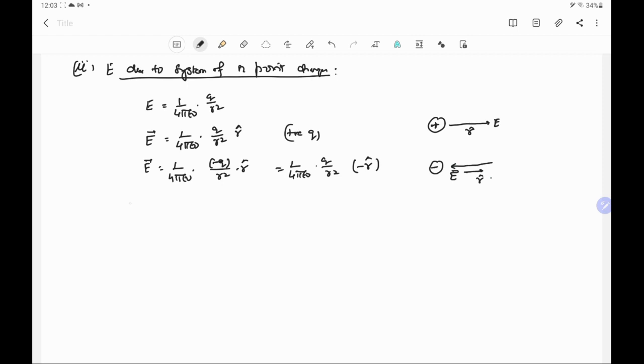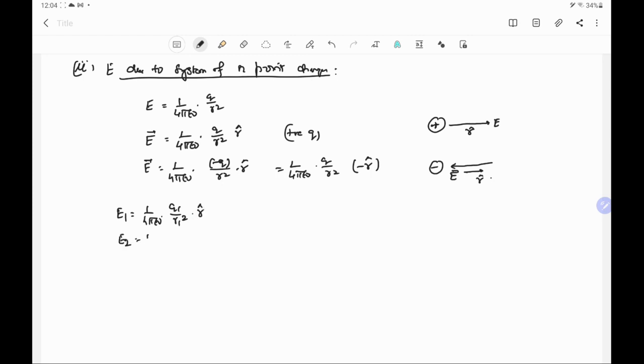Now if there are n number of charges, and due to that n number of charges we have to find the electric field at a particular point P, then we have to use the principle of superposition, in which we will find the electric field due to the individual charges and then add them vectorially. So if E1 is the electric field due to charge Q1, which is at distance r1 from point P, and its radius vector is r1.